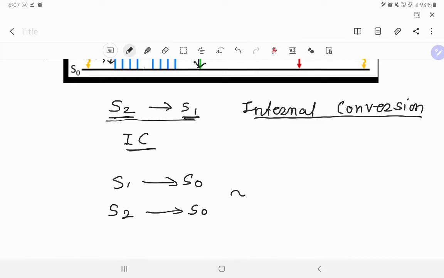It is a radiative transition. Radiation emitted during this transformation is called fluorescence.